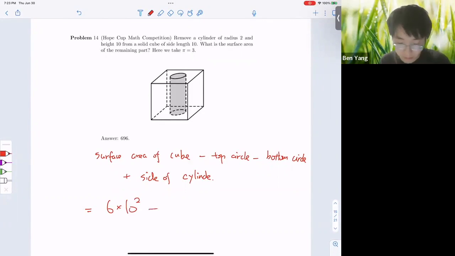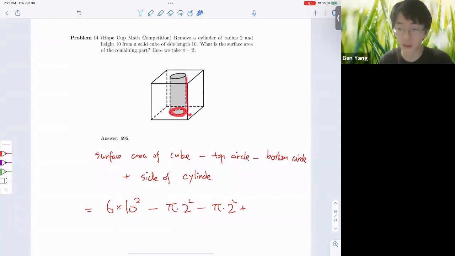Minus top circle: the circle has radius 2, so minus pi times 2 squared. Minus bottom circle, so minus pi times 2 squared. Now the side of the cylinder: its area can be computed by the perimeter of the circle times the height of the cylinder. So it's 2 pi times radius, which is 2, and then times height.